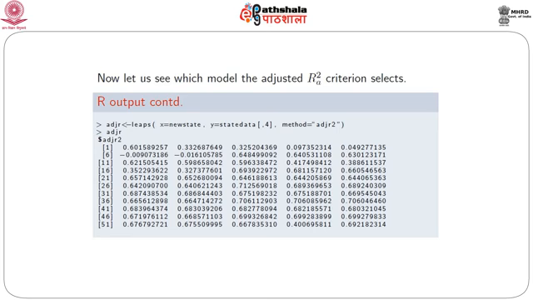However, corresponding to the first model, the CP is 16.12. So, CP is not very close to P, and this is not a very good model. So, the reader can go from each value of CP and compare it with the corresponding model and see in which case the number of predictors in the model is very close to the CP obtained for that particular model, and that model will be considered the best model.